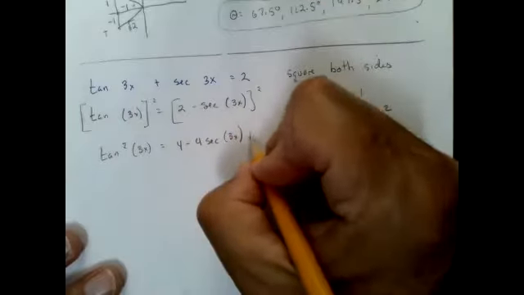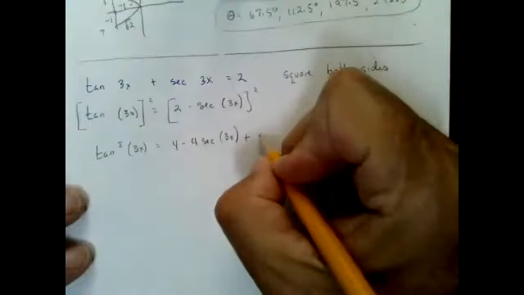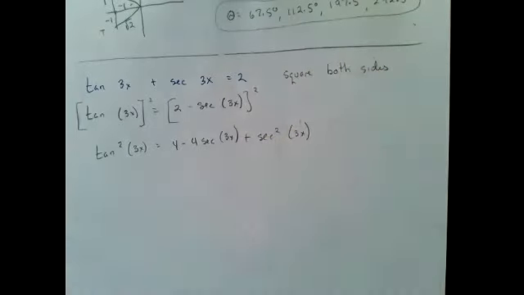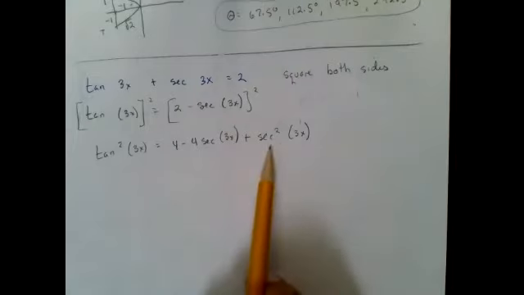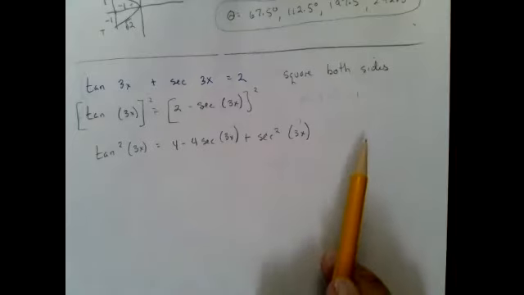And then plus secant squared of 3x. I like that. I like that that doesn't have a tangent with it anymore. All right, so far so good. Oh, I just erased it.